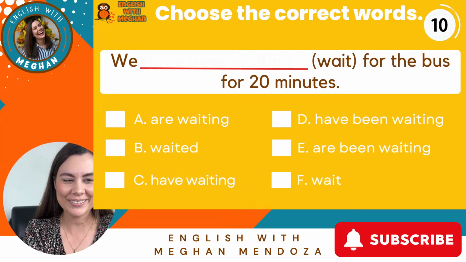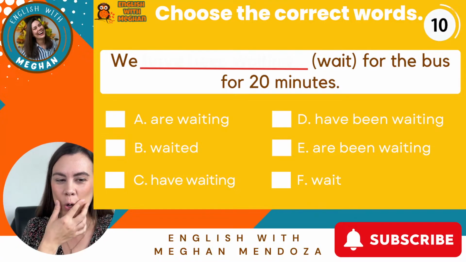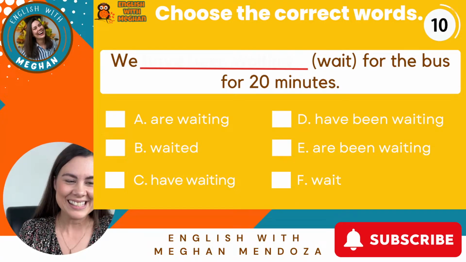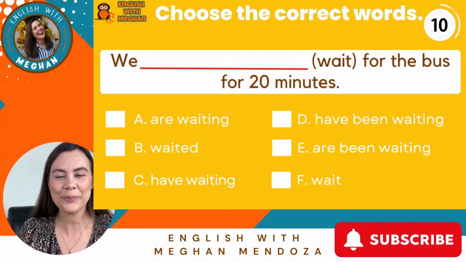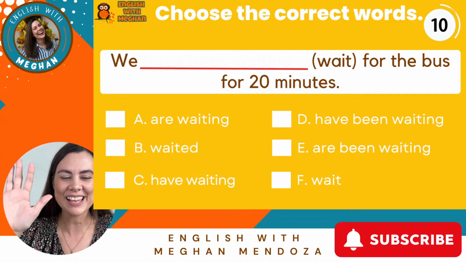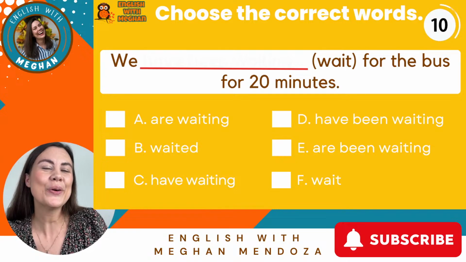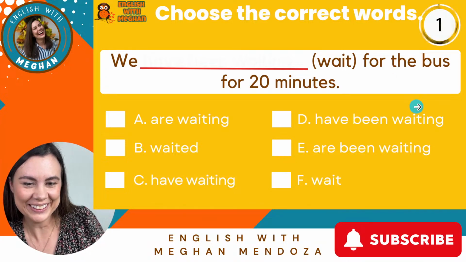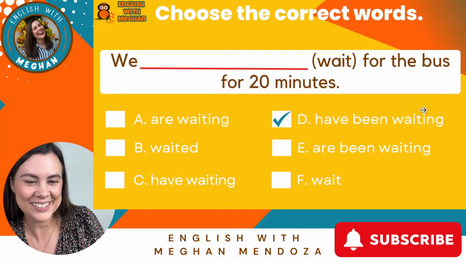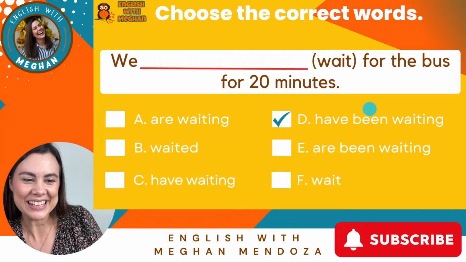Okay. Ooh, we have some different answers here. Let's see. I'll give 5 more seconds. 5, 4, 3, 2, and 1. The answer is D. Congratulations to the people who said D. You are fantastic.